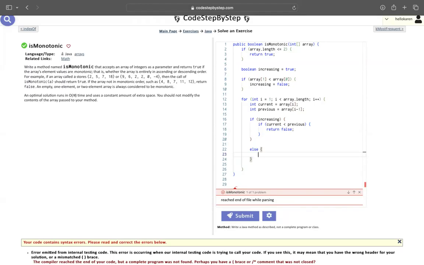So if we're in the else, this means we're checking to follow a decreasing pattern, right? If we're checking to follow a decreasing pattern, then we want our current to be less than previous. That makes sense. So if we check if current is greater than previous, that means we are breaking the pattern because we're going up.